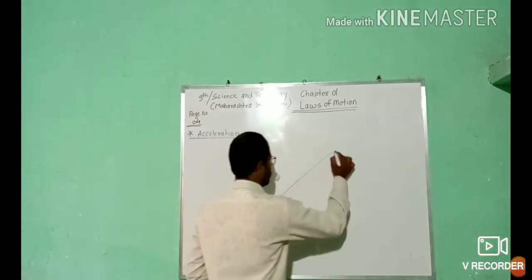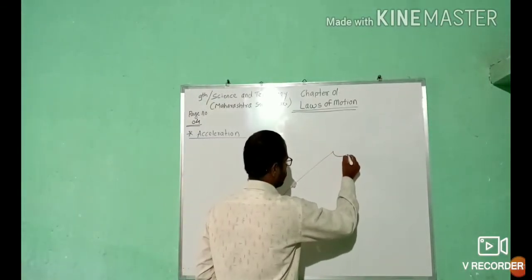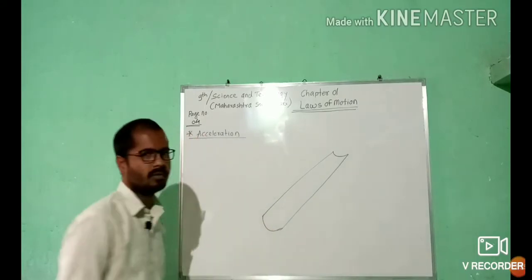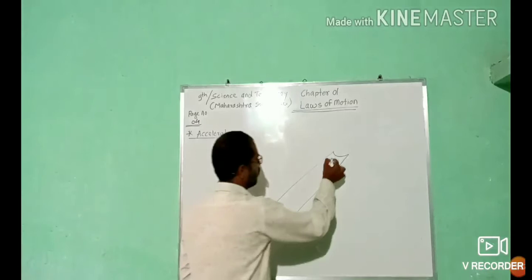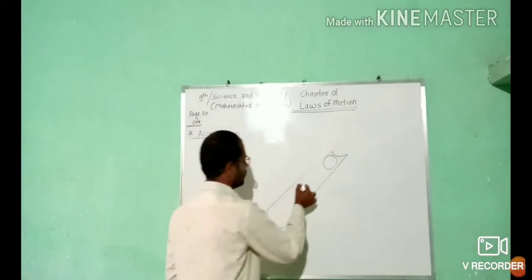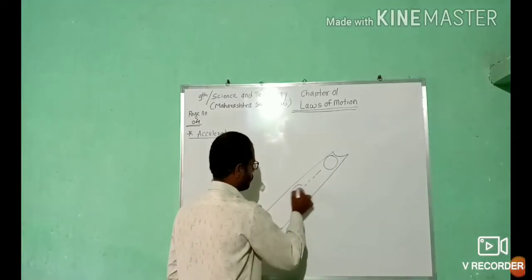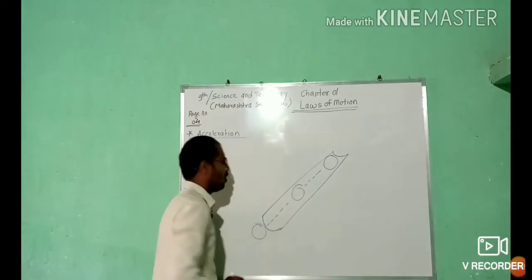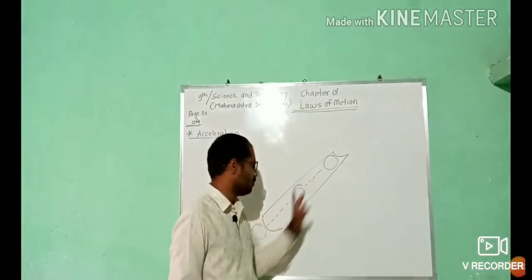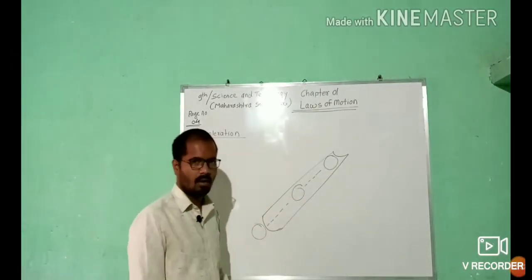Okay, so this is the channel of your pipe. Then take some ball there and release it from the top, and observe the velocity of the ball at the top, middle and the bottom.